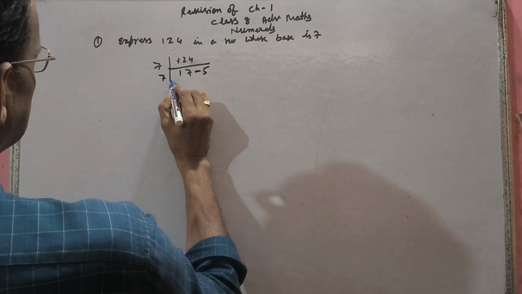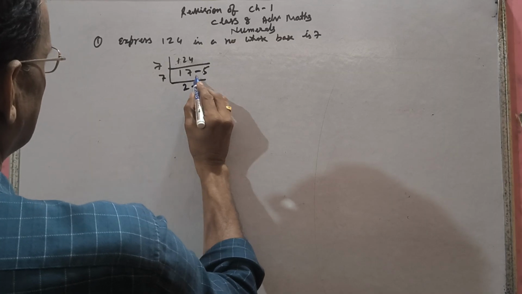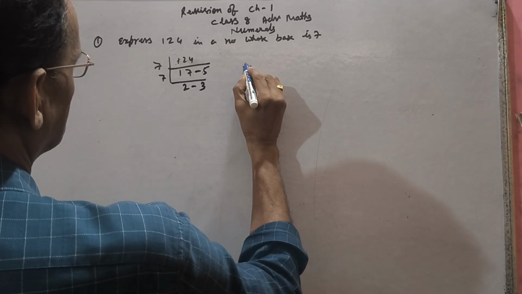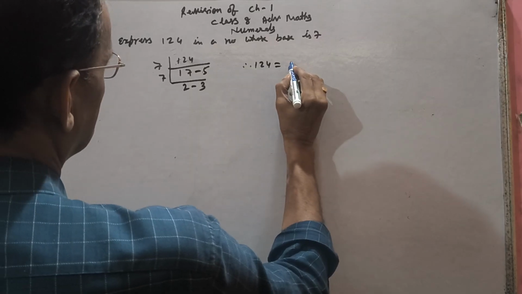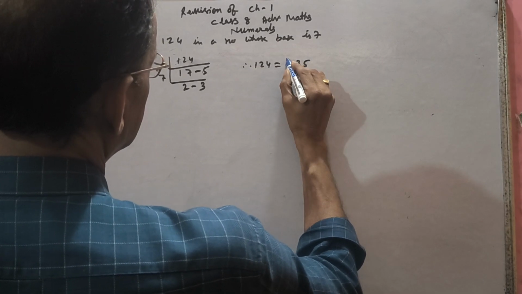Then again divide by 7, 7 times 2 is 14, and 3 remains. So 124 is equal to 235 base 7.